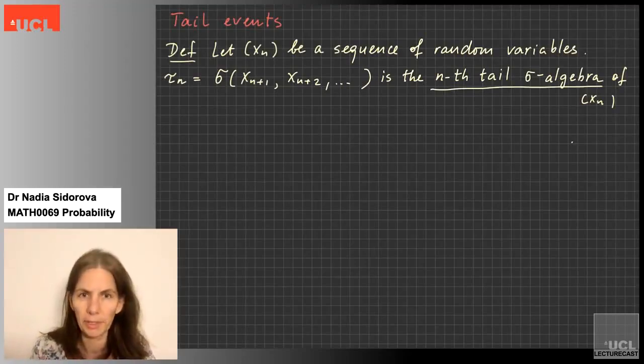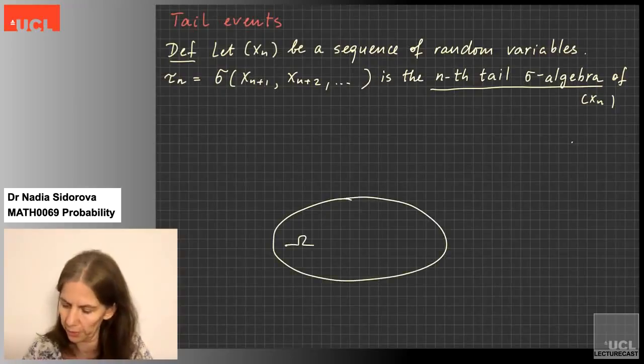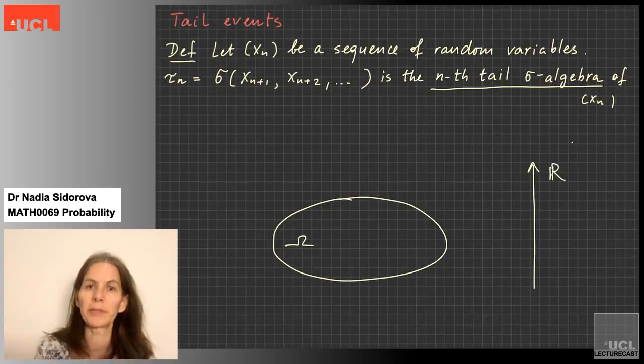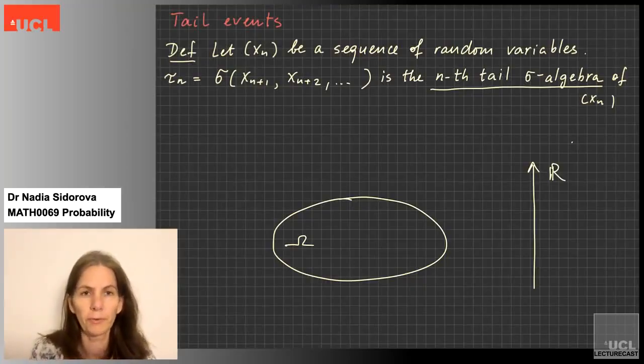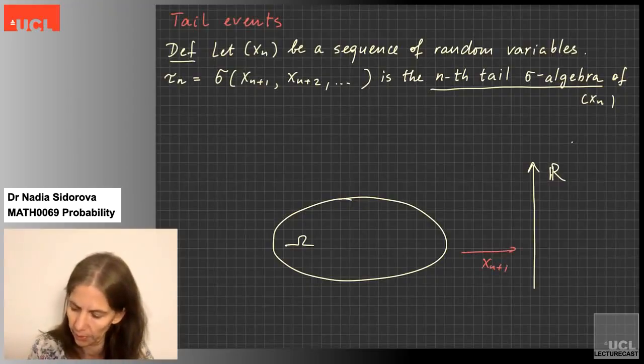What is happening here is the following. If we draw our usual picture with omega, R, and a bunch of mappings between them, then first of all, this definition tells us, well, ignore x1 up to xn, only look at xn plus 1, xn plus 2, and so on.